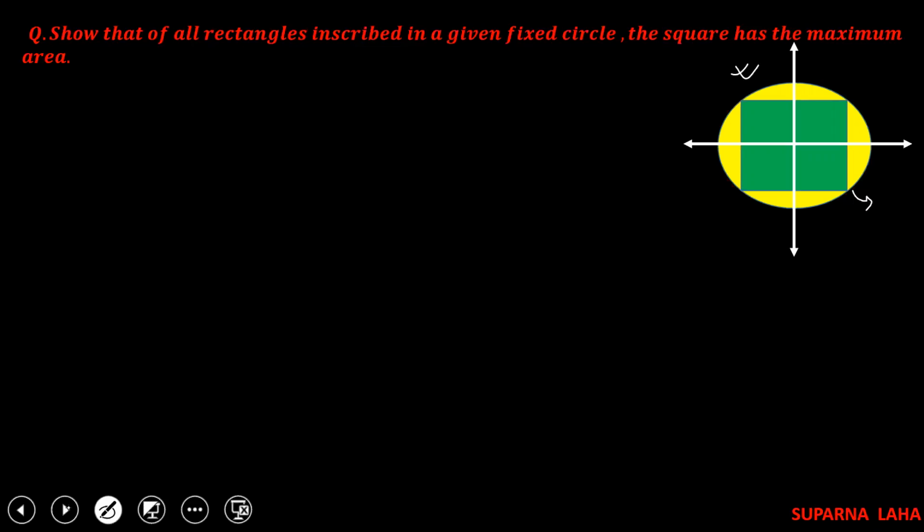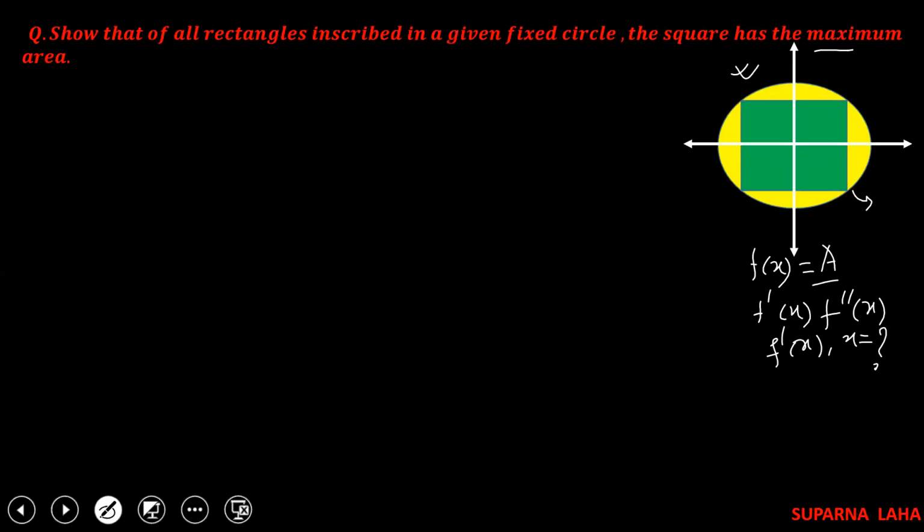So first, I have to find the function that I have to maximize. So I have to maximize the area. That means I have to find the area of this rectangle, that is A, and then I have to find f dash x, then f double dash x, and then find f dash x is 0, then the value of x is what?